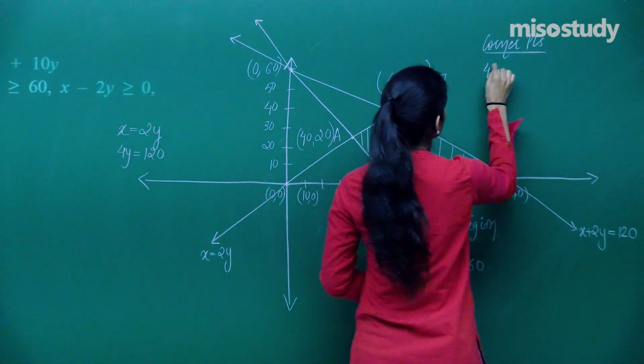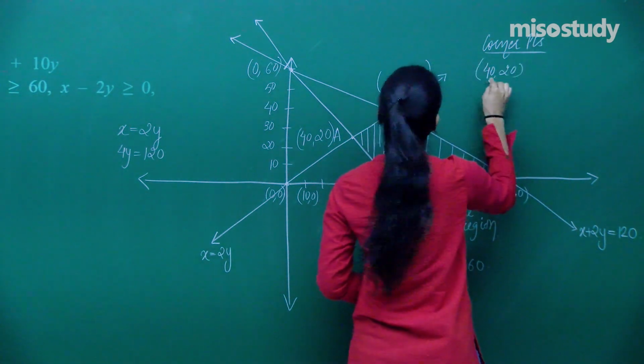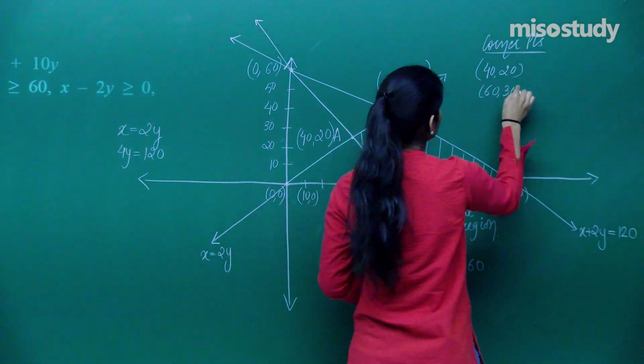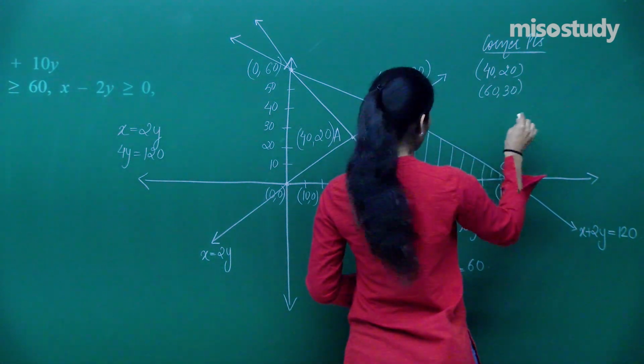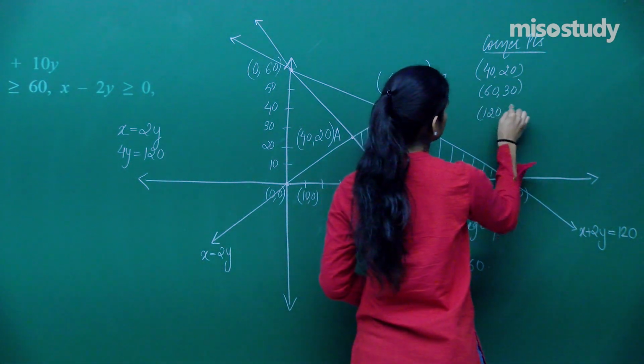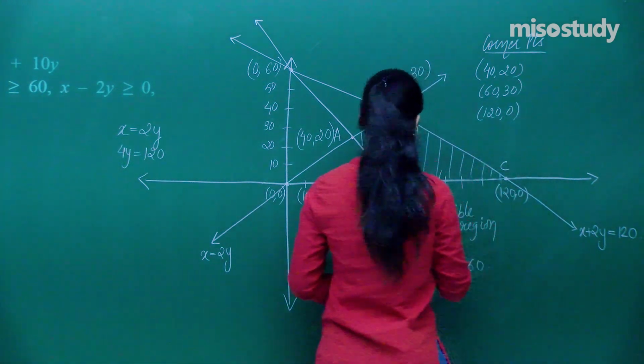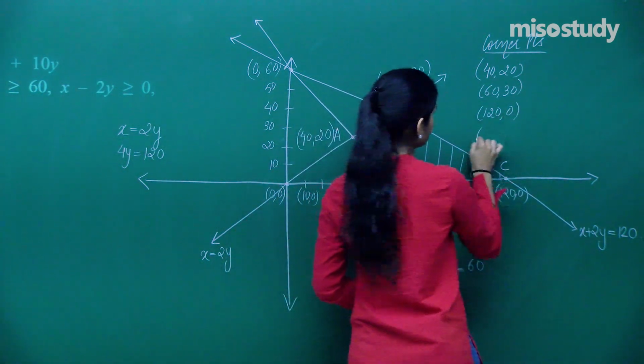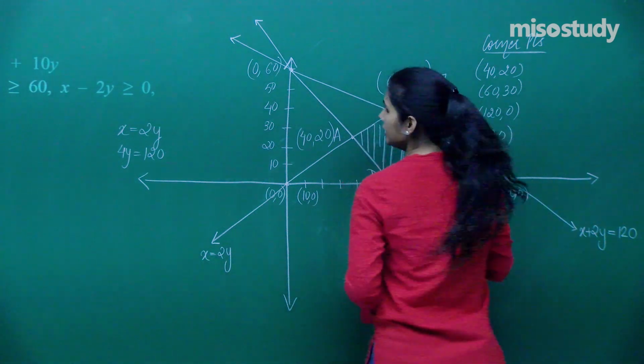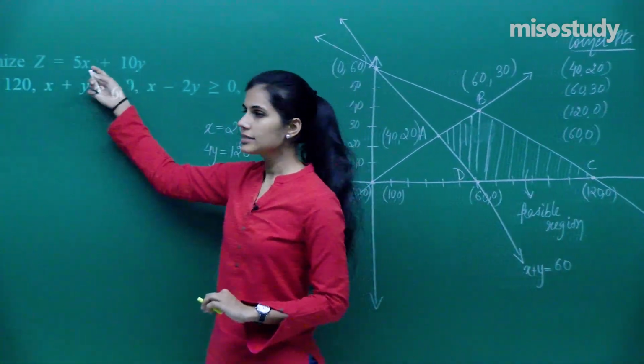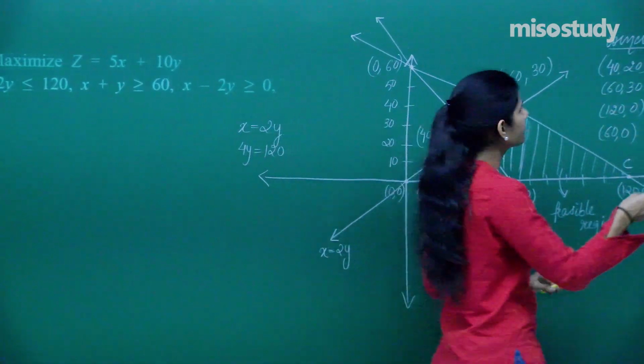They are 40, 20, 60, 30, then you have 120, 0 and 60, 0. Z is 5x plus 10y.